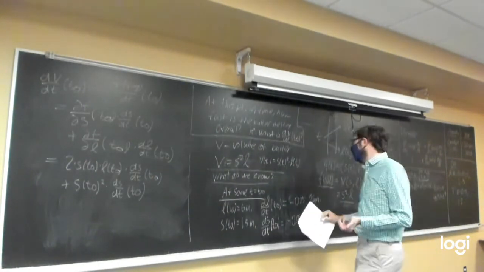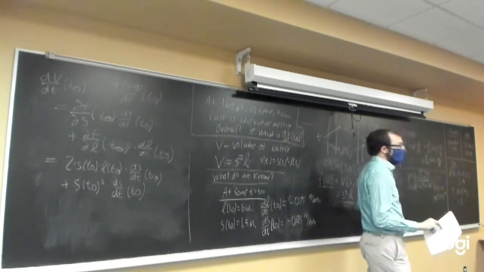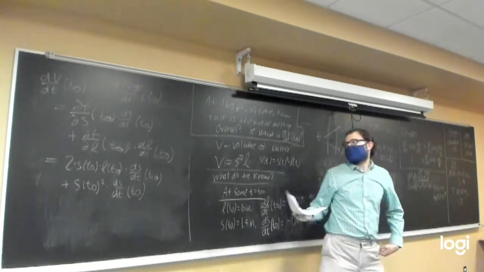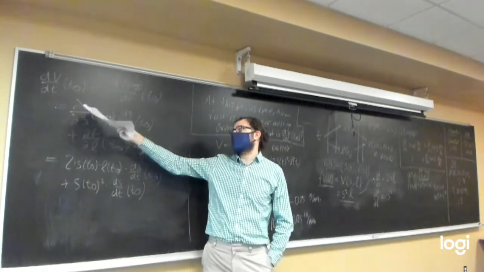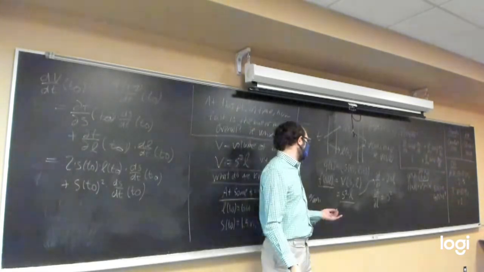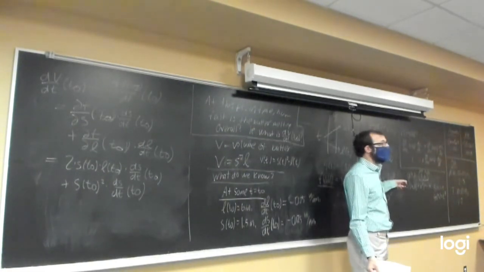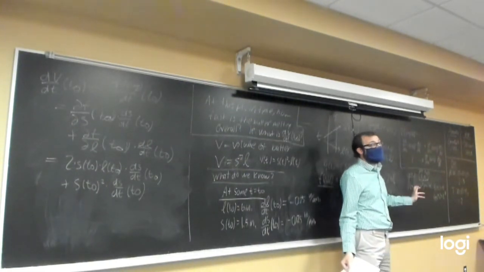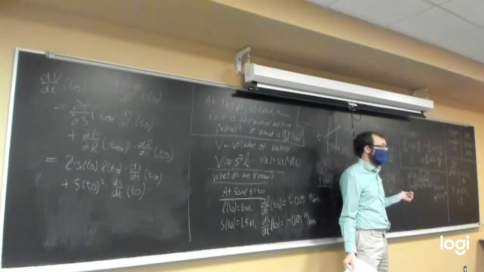Here I'm just taking our expressions for del f del s and del f del L and plugging them in, where del f del s at t naught is the same as taking 2 times s times L, where s and L are both evaluated at the point t naught in time.